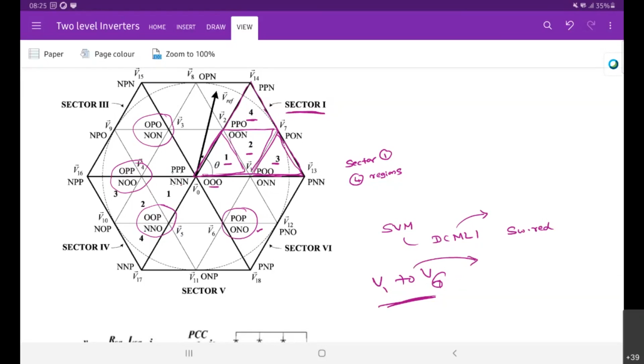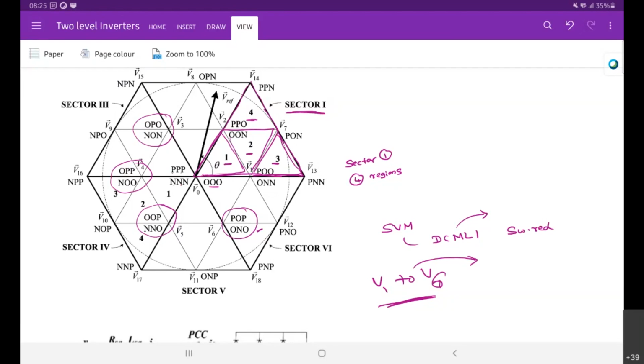Is it clear? Do you have any doubts on this?